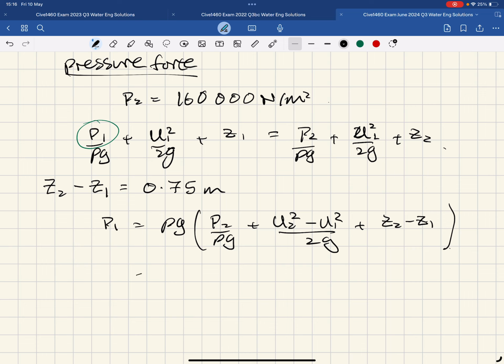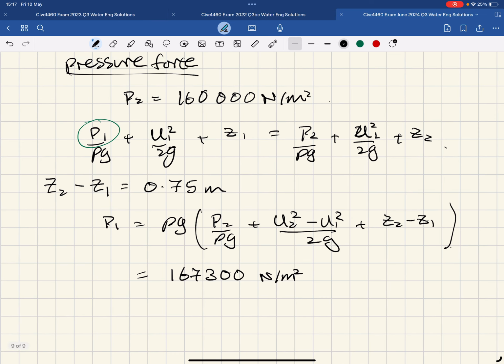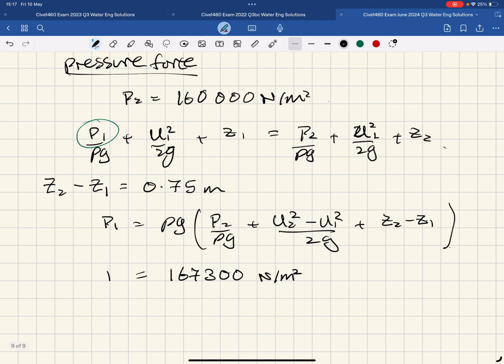You can do that calculation, and to four significant figures we get P1 is 1673 newtons per meter squared. Okay, so it's quite similar to P2.